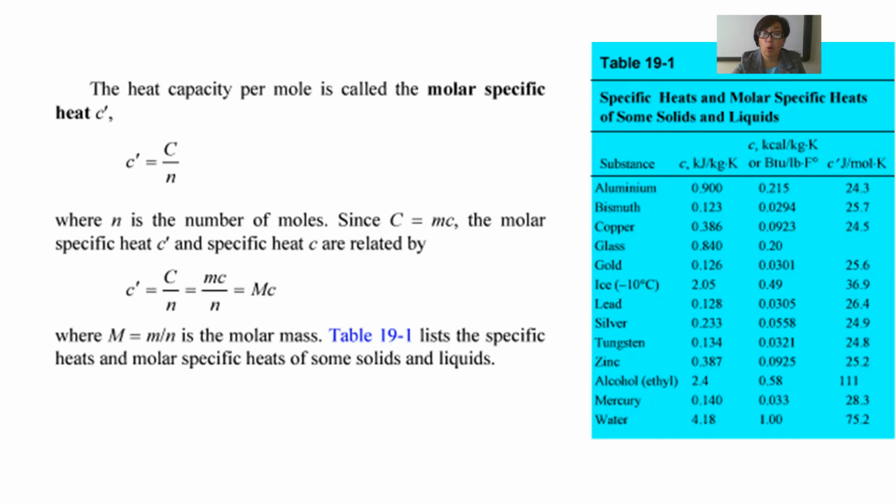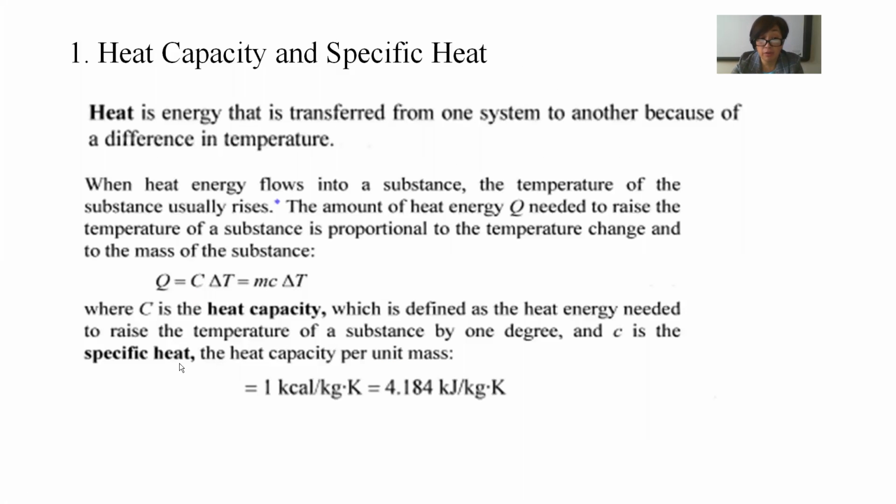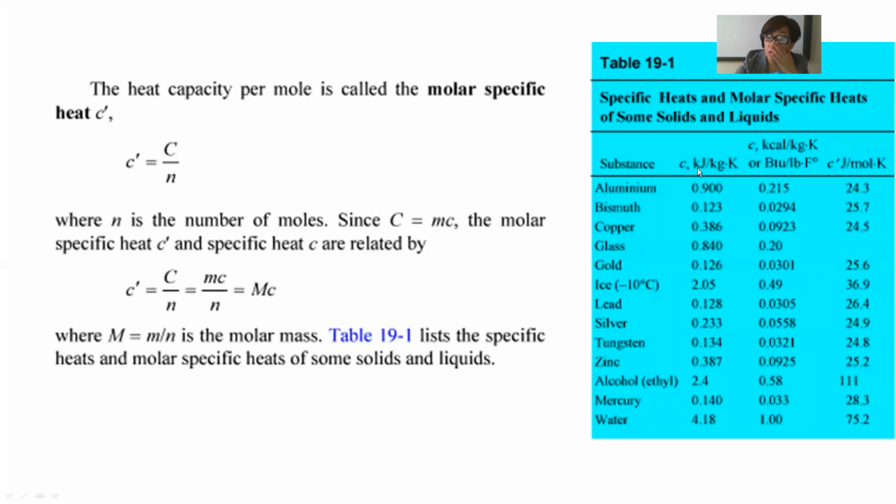The first column consists of different chemical elements from aluminium to water: solids and liquids, aluminium, bismuth, copper, glass, gold, ice, lead, etc., and finally water. C, small c here, is the specific heat, with the unit kilojoule per kilogram Kelvin, and also in the unit kilocalorie per kilogram Kelvin.